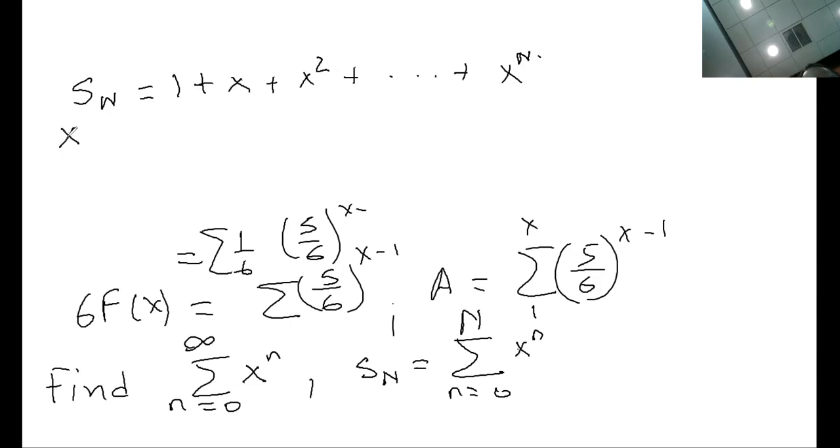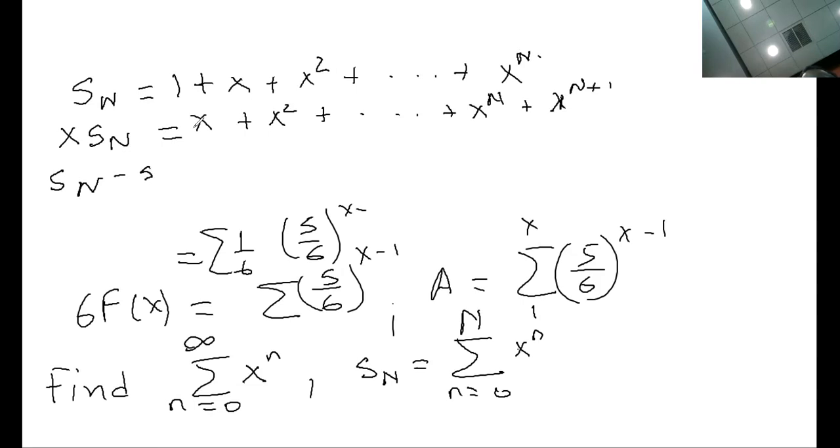And if I multiply x by S_n, this will become x plus x squared plus up to x^(n-1) plus x^n plus x^(n+1). And then we did S_n minus x times S_n. Remember I told you this will cancel, we will be left with 1 minus x^(n+1). I did it for n minus 1, so we were ending with n, not n plus 1.